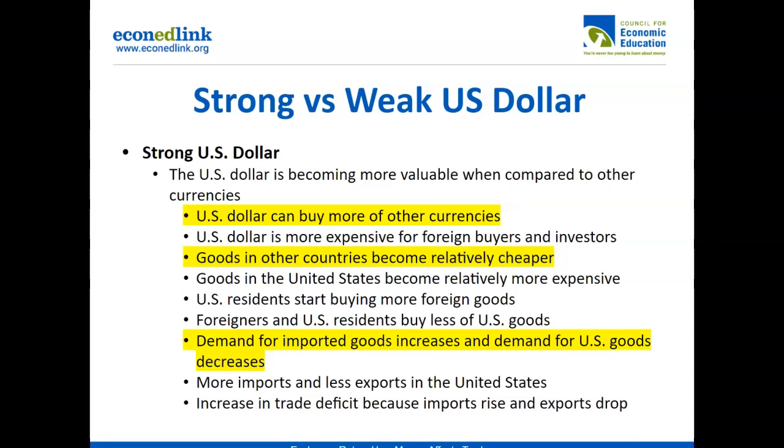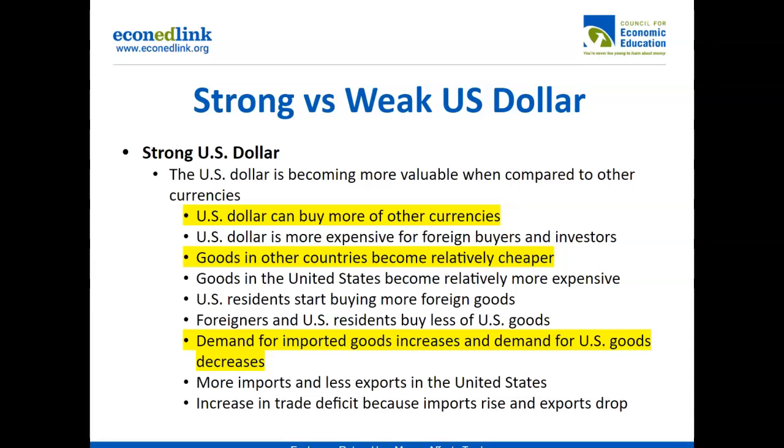So, what is the difference between a strong versus a weak US dollar? You can pause this and read over all of these examples, but I'm going to highlight just a couple of things, advantages or results of a strong US dollar. When the US dollar is strong, we can buy more of other currencies.